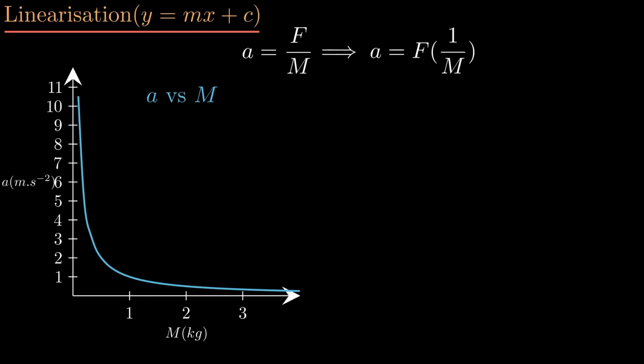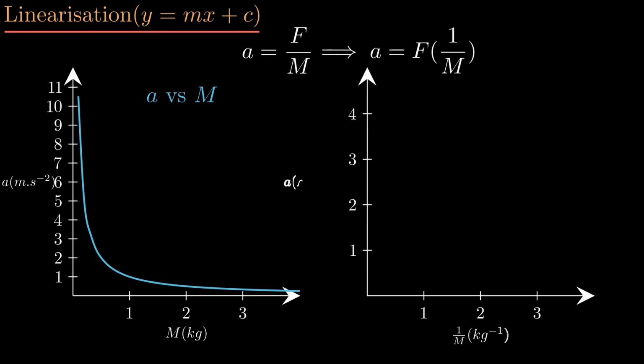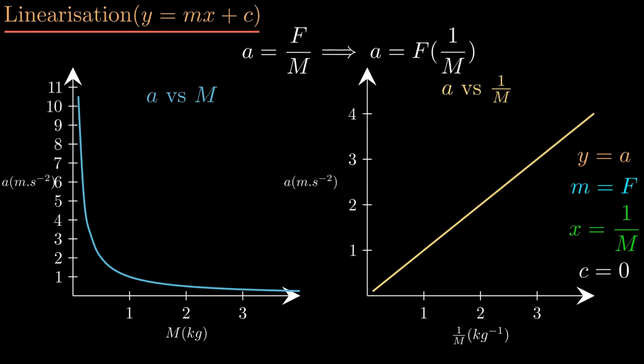So now if you take a as y, then F is the gradient m, and 1 over m is x, and c is 0 in this case. And then what do you get when you plot this a versus 1 over m? You get a straight line graph. So this is what we mean by linearization.